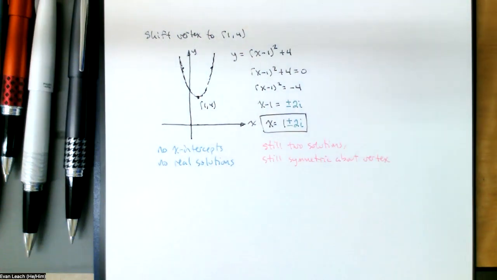We still have 2 solutions, and they're still symmetric about the vertex.